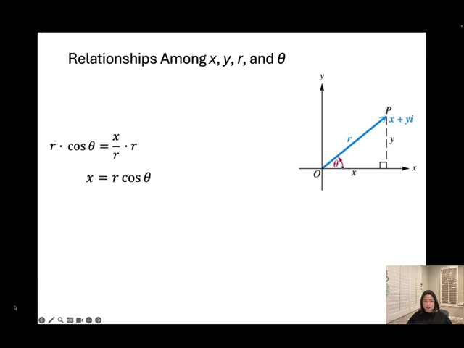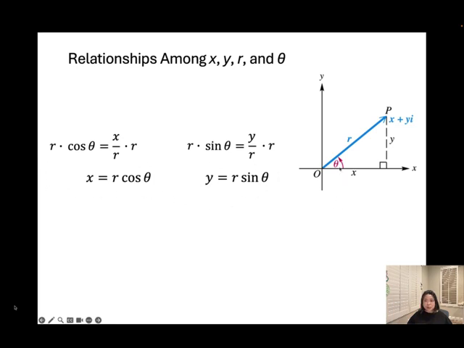I do the same thing: sine theta equals opposite over hypotenuse, y over r. Multiplying by r on both sides, you get y equal to r sine theta. I want you to box these two formulas. You need to remember them.